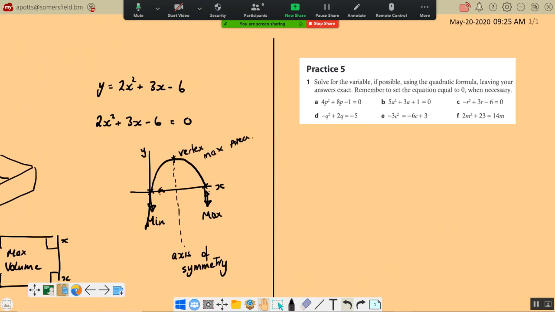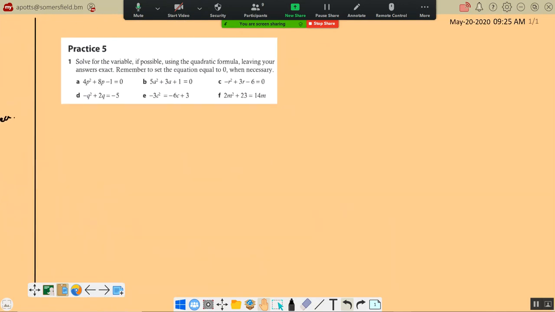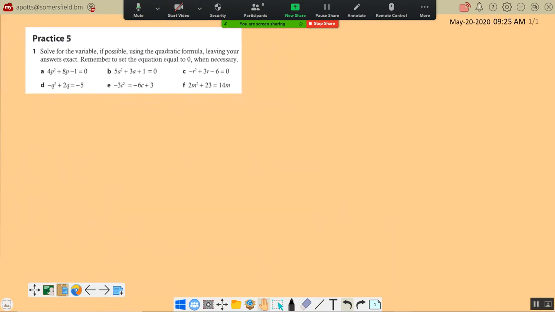All right, so let's have a look then at the next phase though. So what we've got so far, we've looked at trying to solve through factorization. If it didn't solve through factorization, we solved using the vertex form, okay? Now, you've all told me these two are good for you.